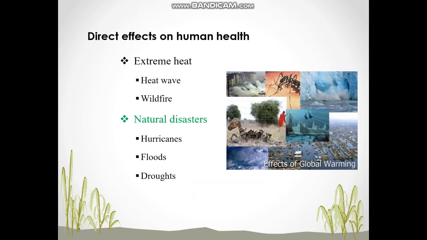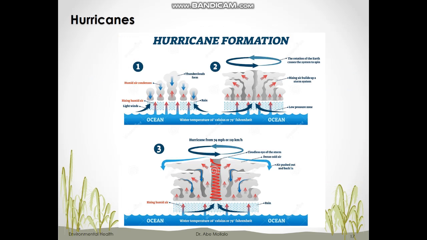Another direct impact of global warming on human health is several natural disasters. The first natural disaster is hurricane or tropical cyclones. So how is a hurricane formed? Hurricane starts with warm water in the equator. This warm water evaporates and creates moist air. It also needs wind.